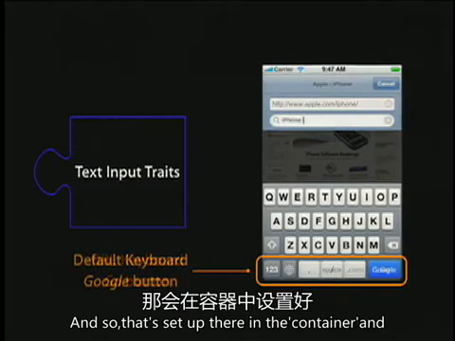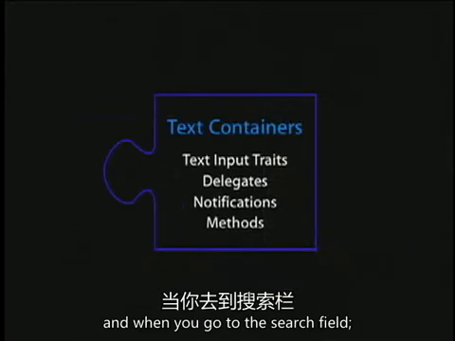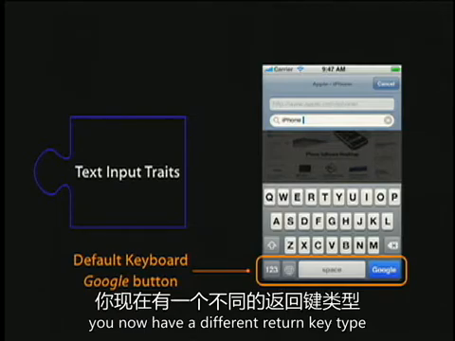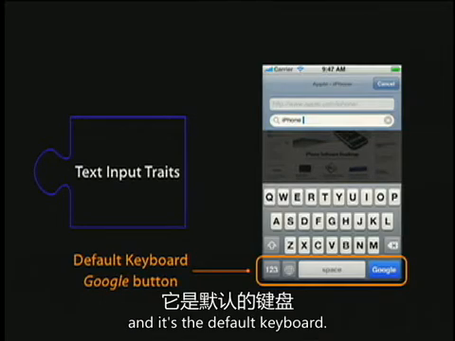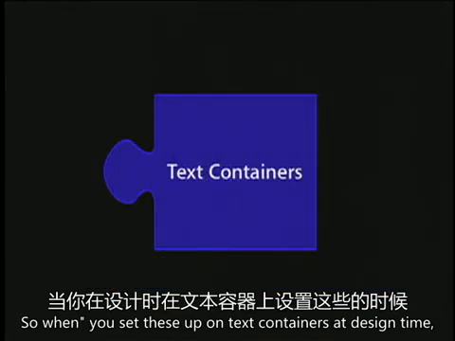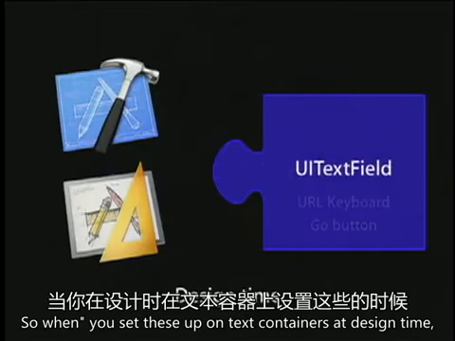And so that's set up there in the container. And when you go to the search field, you now have a different return key type, and it's the default keyboard.